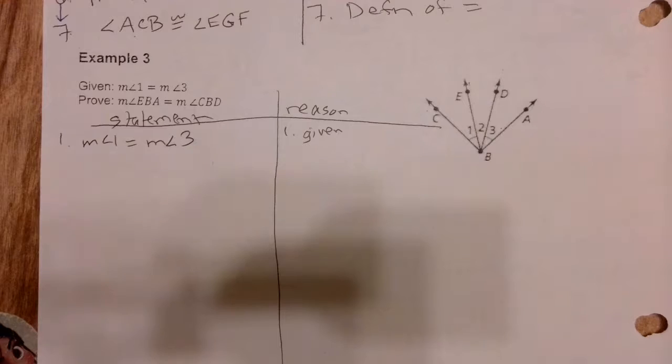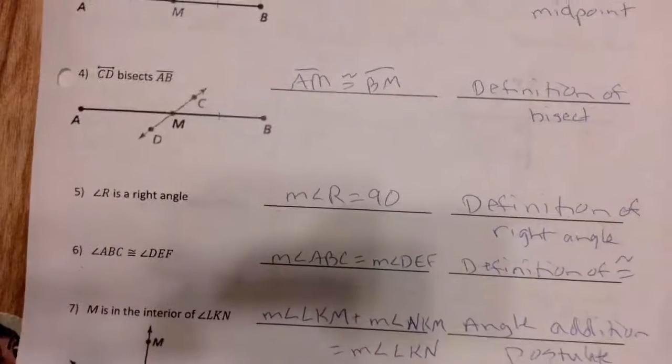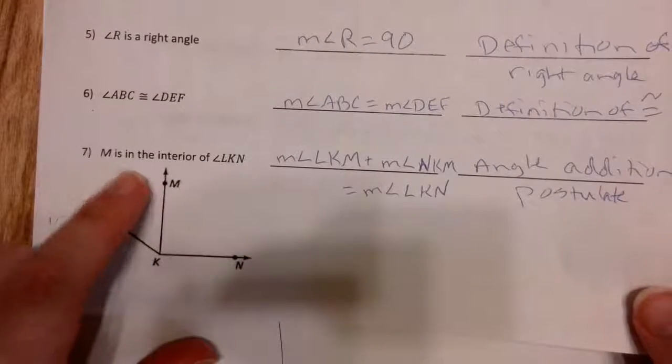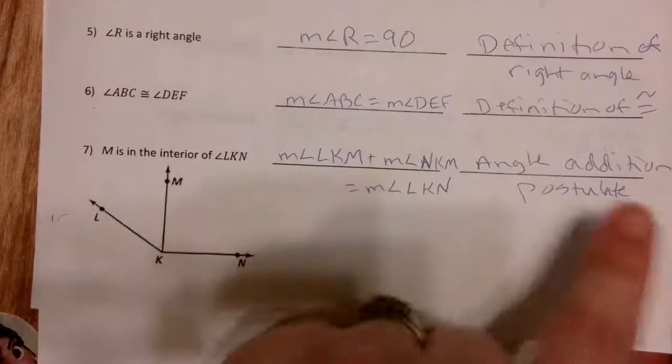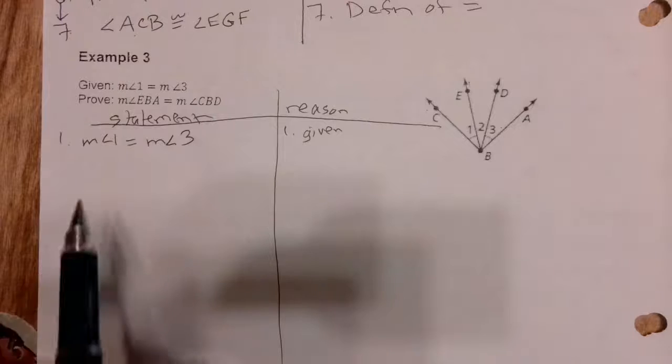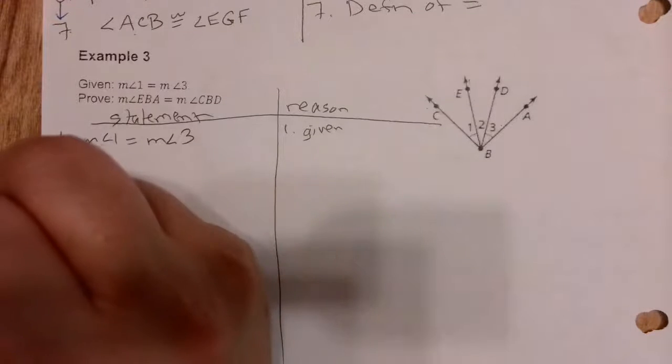Well, on the Train Your Brain, was there something that allowed us to take 2 angles and combine them into one? Number 7, angle addition postulate. So let's see here. I don't know, let's use 1 and 2 first.